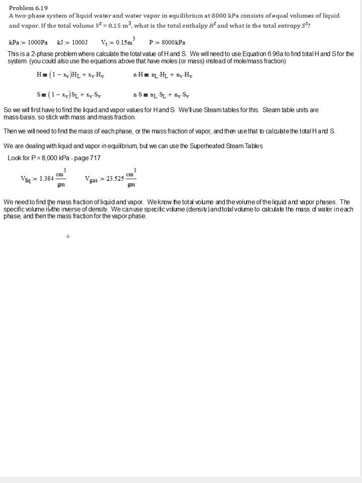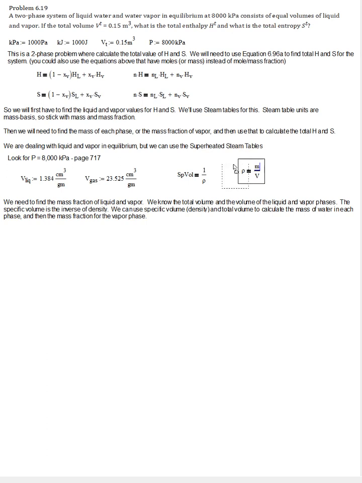What we need to realize is that these specific volumes given here are equal to 1 over the density, where density is equal to the mass divided by the volume.